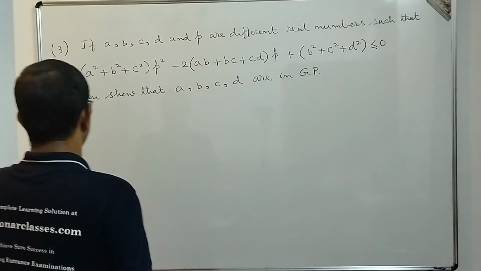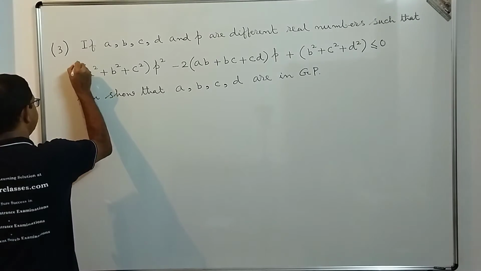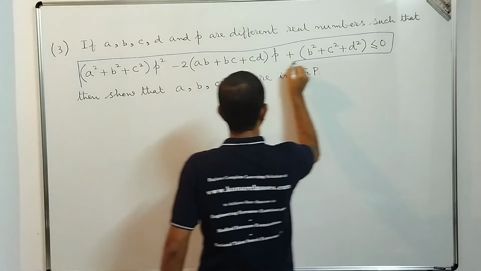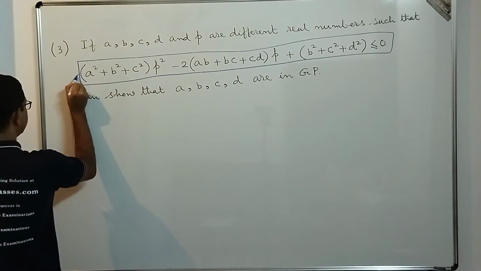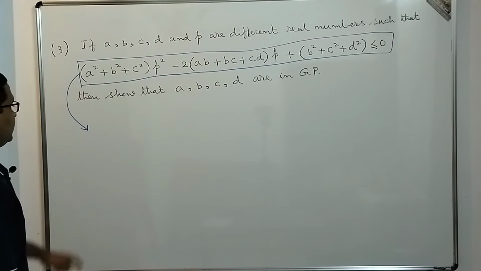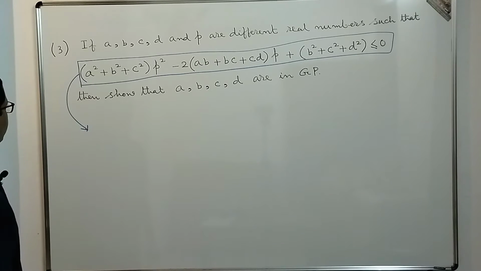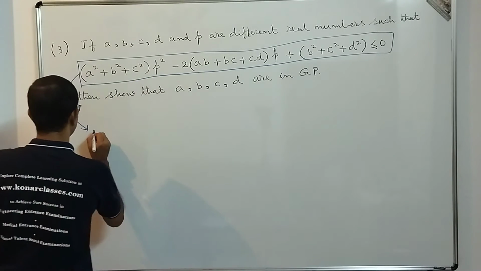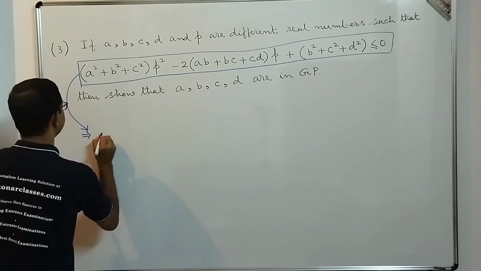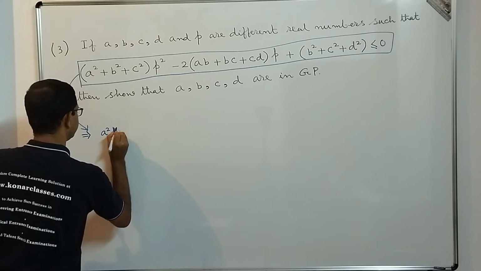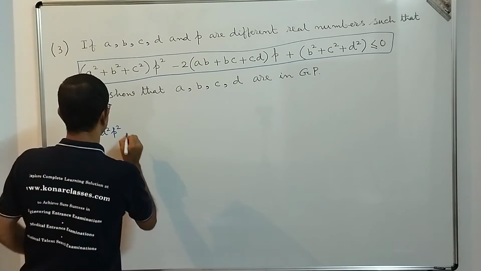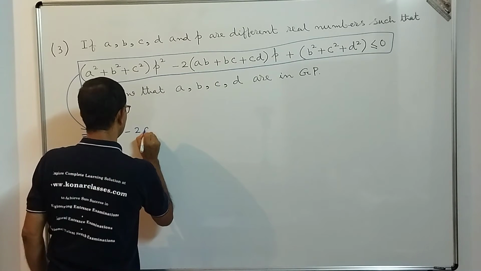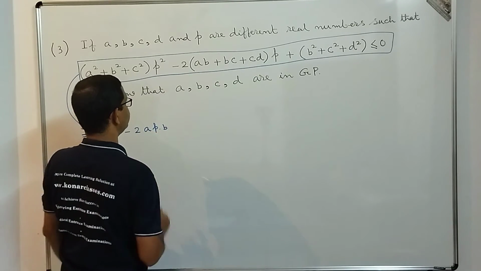Okay, see, only one relationship what we have is this one, correct? So this information is given to us. Okay, so let's see how we can proceed from here. If we look into this one, we can write like this, that A square P square, minus 2 into AB into P. So we write minus 2 A into P into B, correct?